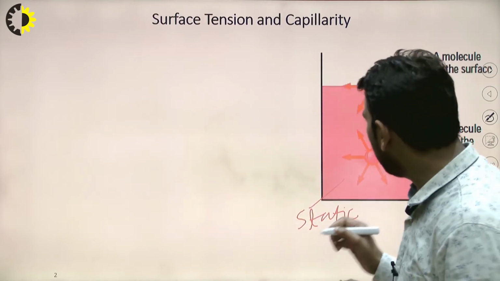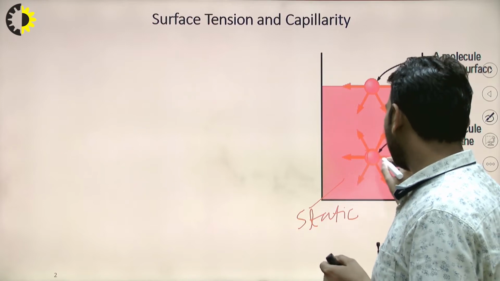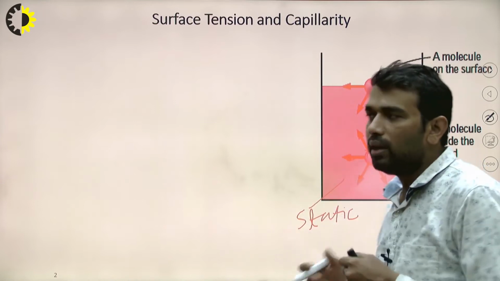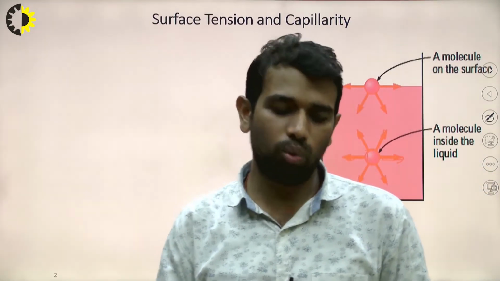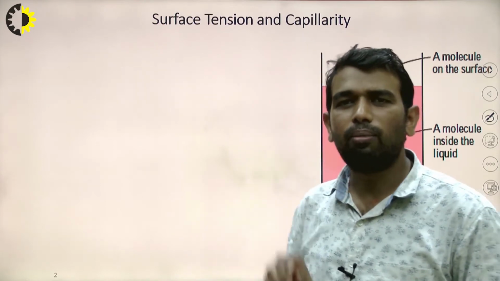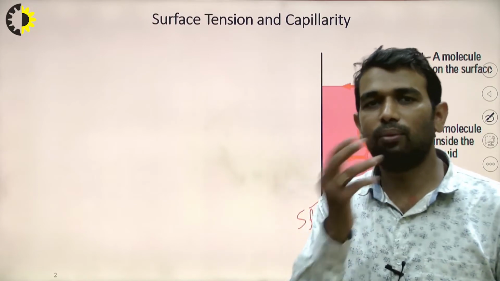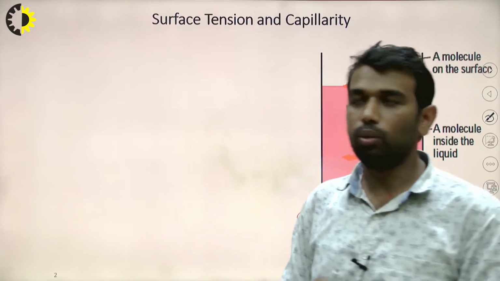From all directions, the force applied on this molecule is exactly the same, so the net force is balanced. There is no issue when we choose any molecule inside the container that is totally surrounded by similar molecules.